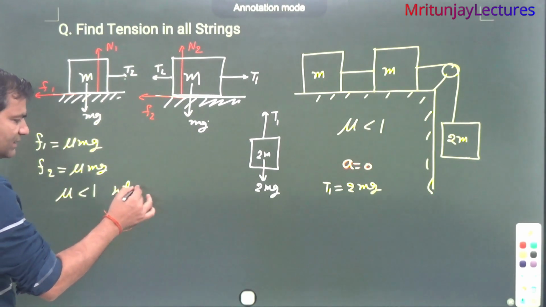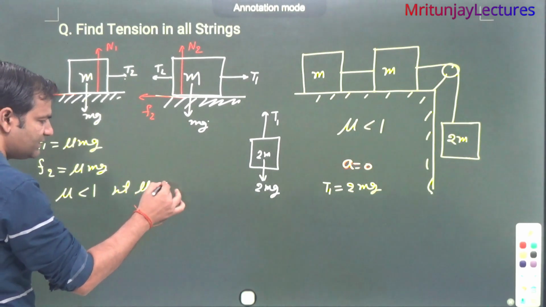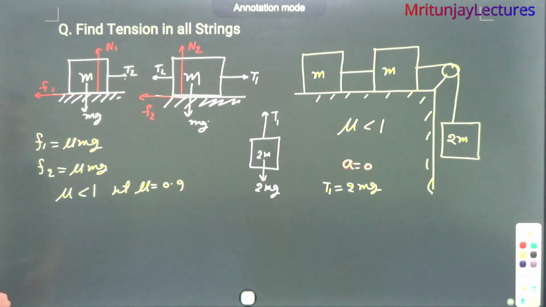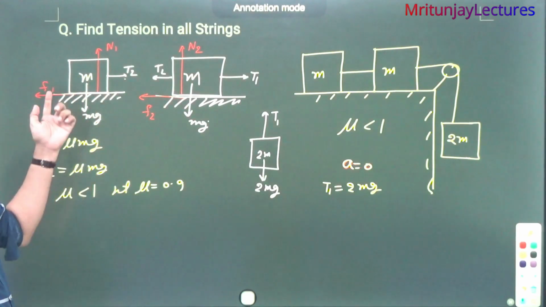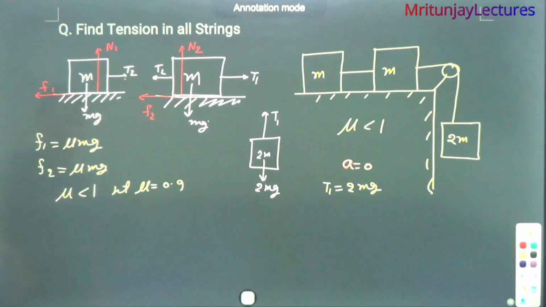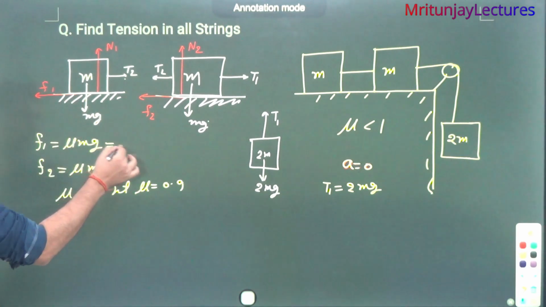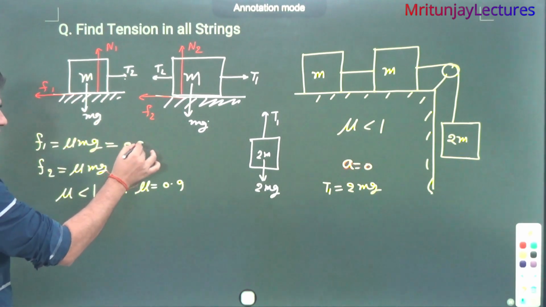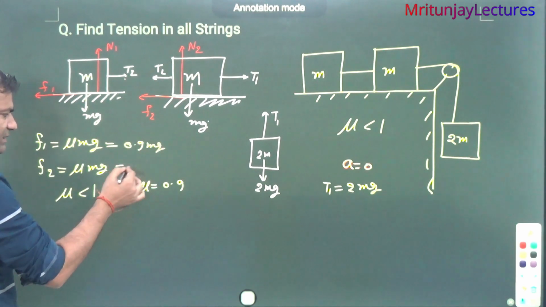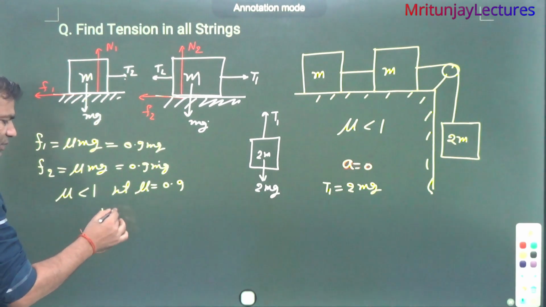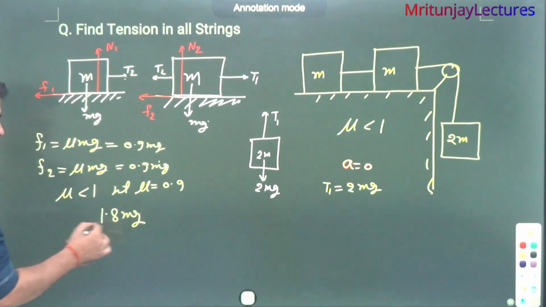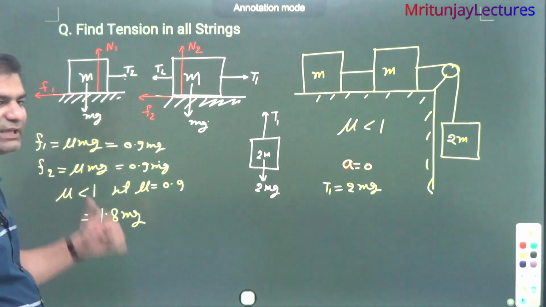Suppose mu equals 0.9. So the maximum frictional force in the opposite direction, F1 plus F2: 0.9 mg and 0.9 mg. Adding both, we get 1.8 mg. That is the frictional force in the opposite direction.